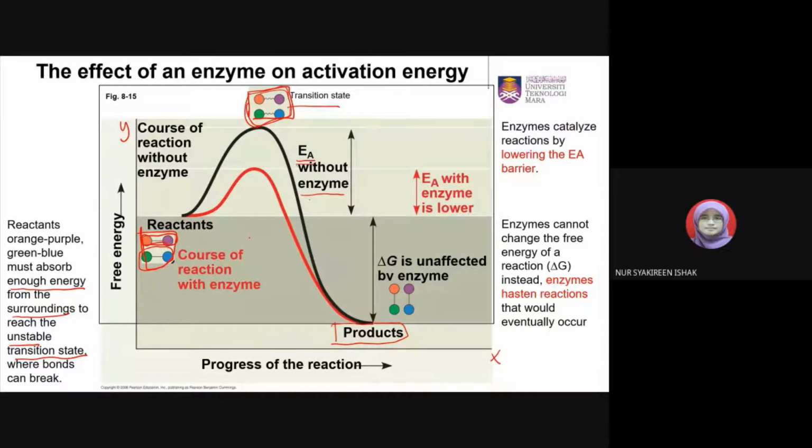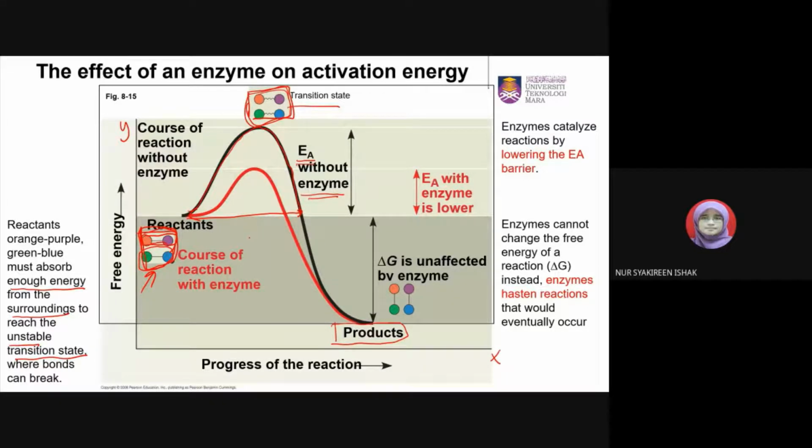Without enzyme, the activation energy will be higher, and the reaction will take a longer time to occur, because the reactants have to absorb thermal energy, heat energy, from the surroundings. So without the enzyme, the reaction can still occur, but it takes a longer time and requires more energy. The activation energy will be higher.